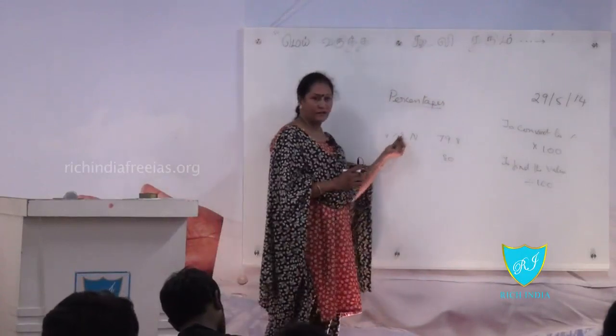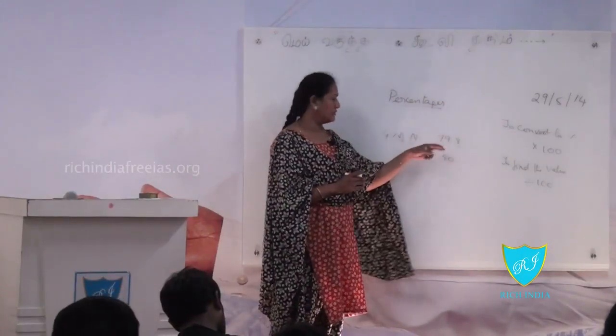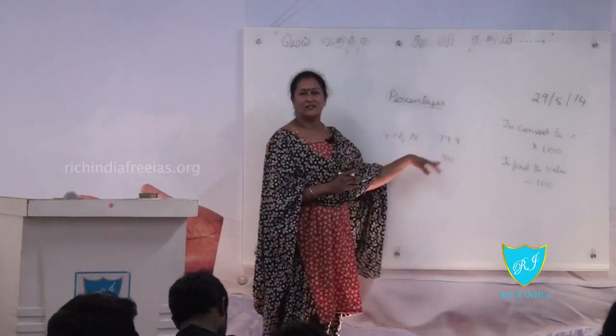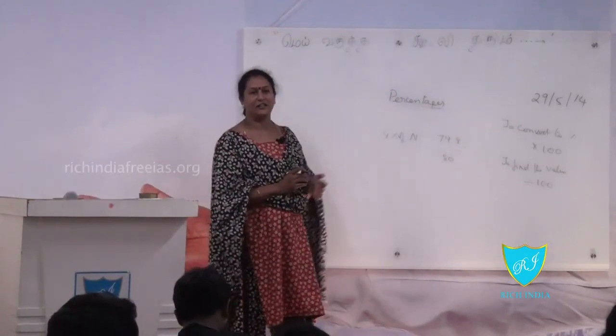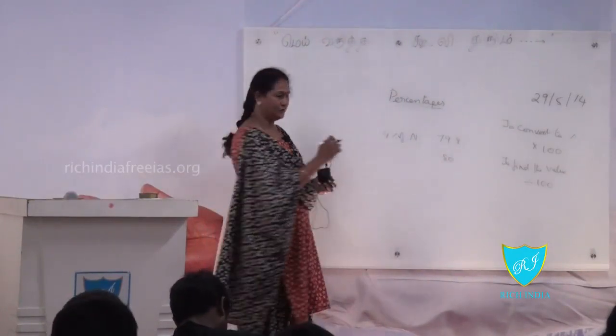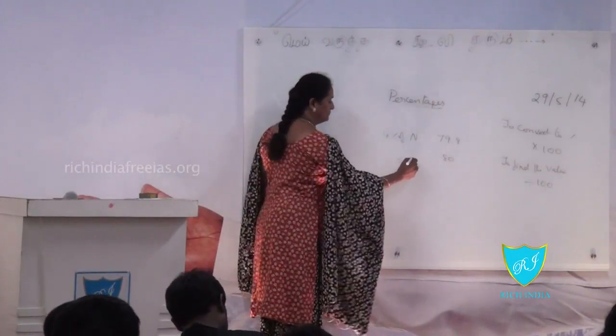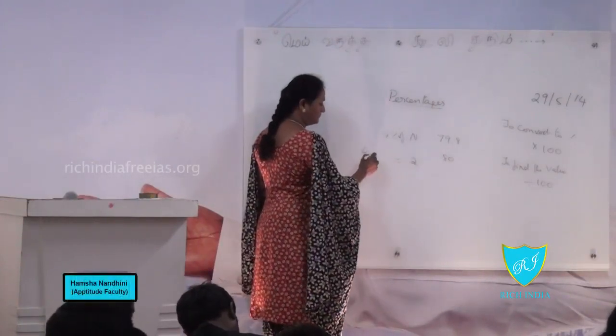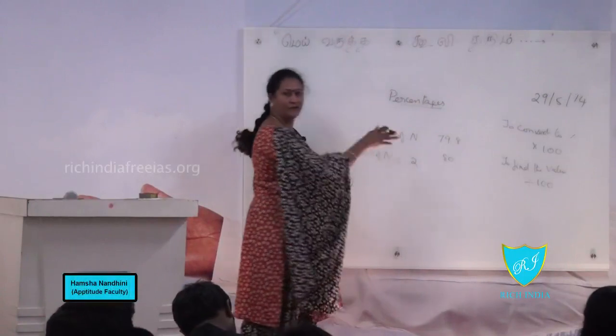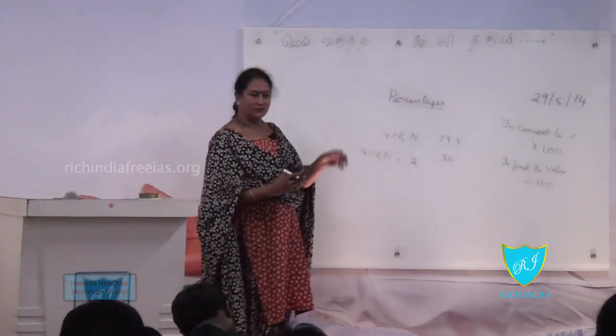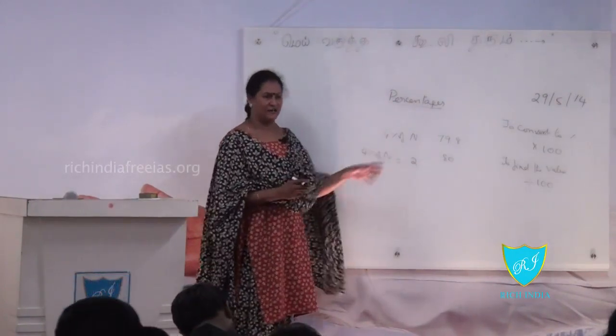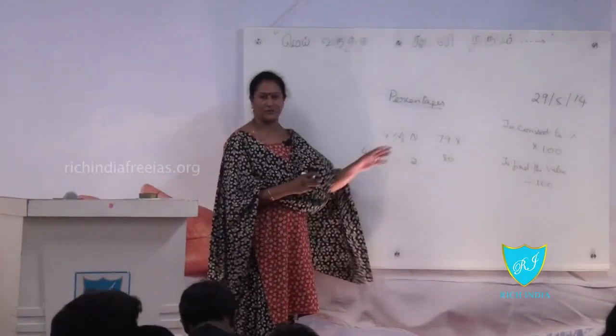So after adding 4% of this number to this, you get 80. So what is the increase here? 0.2. So it means that 4% of the number is 0.2. The number we need is 100%.